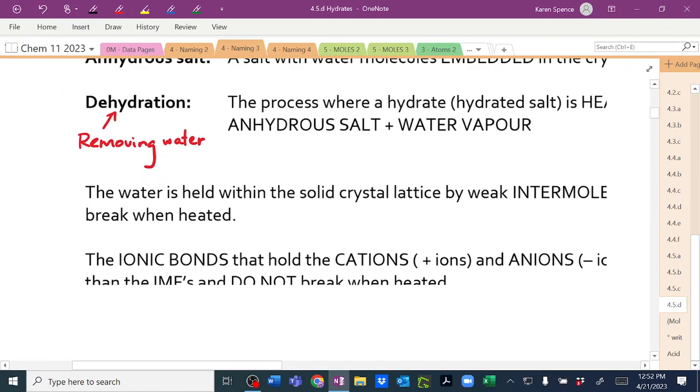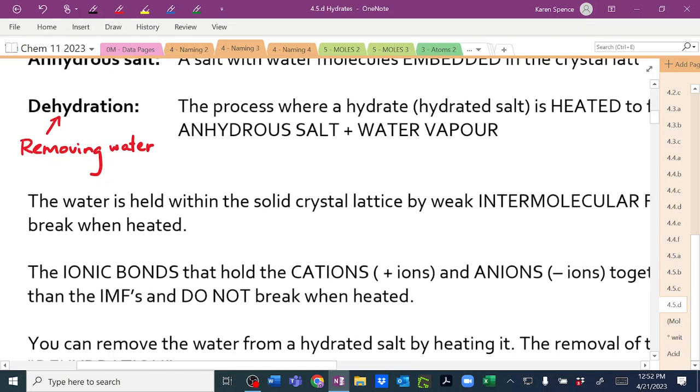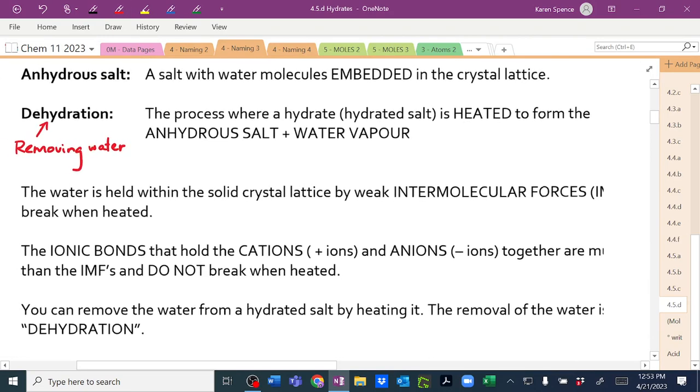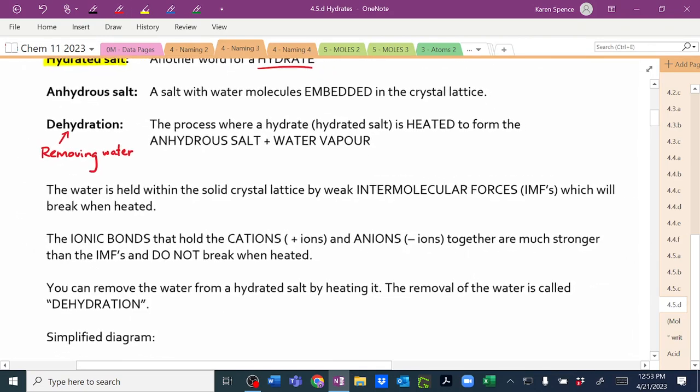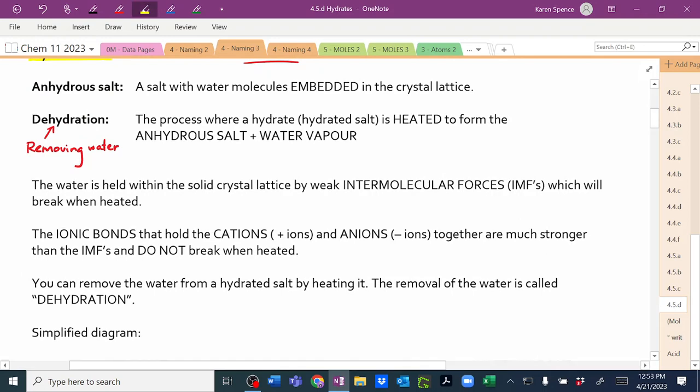So we have the water, which is held in the solid crystal lattice by the weak intermolecular forces. And those intermolecular forces will break when heated.